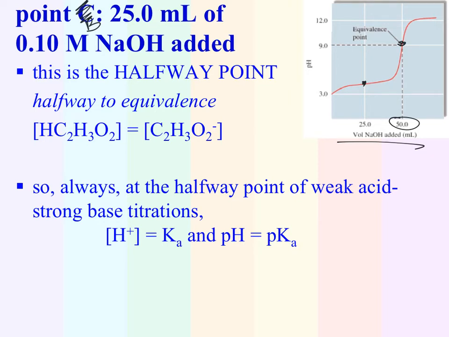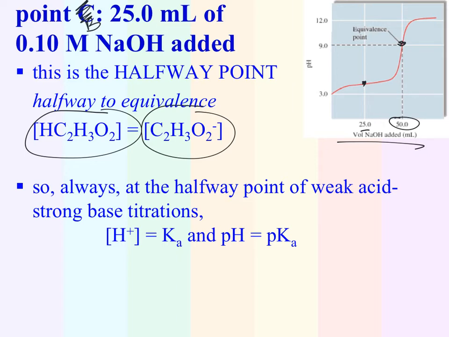So the 25 milliliters that we've just added is known as the halfway to equivalence. At this point, the concentration of the weak acid and the concentration of the conjugate base that's produced are going to be equal.